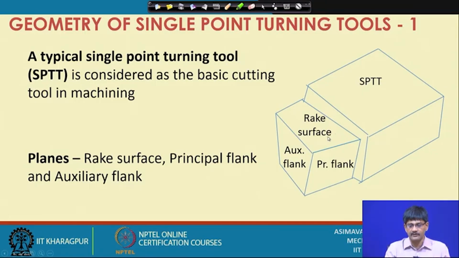On the front of the cutting tool, we have three main surfaces or planes. These are called the rake surface, the auxiliary flank and the principal flank. Flank means side. So, these are the sides of the tool, and the top surface is called the rake surface or face.